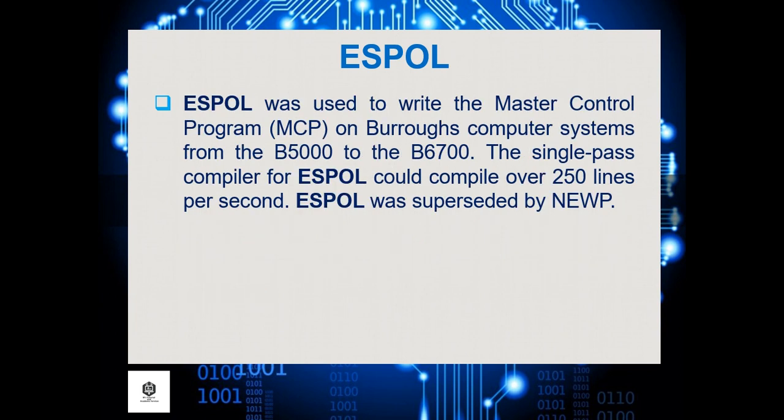ESPOL was used to write the Master Control Program, or MCP, on Burroughs computer systems from the B5000 to the B6700. The single-pass compiler for ESPOL could compile over 250 lines per second.